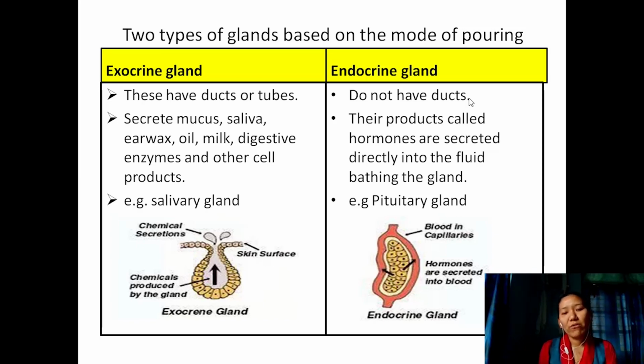There are certain organs where you will find both exocrine and endocrine glands, and such an organ we call heterocrine. For example, the pancreas has both exocrine and endocrine glands.